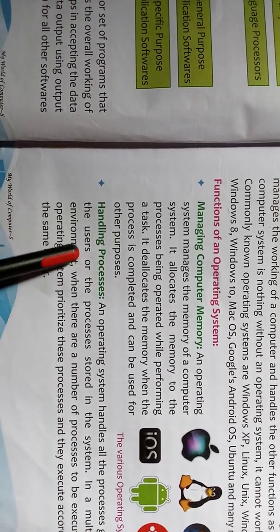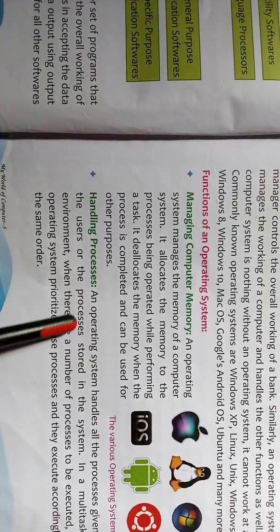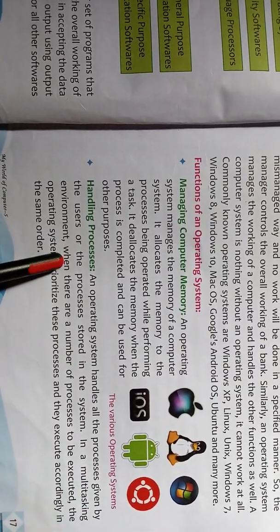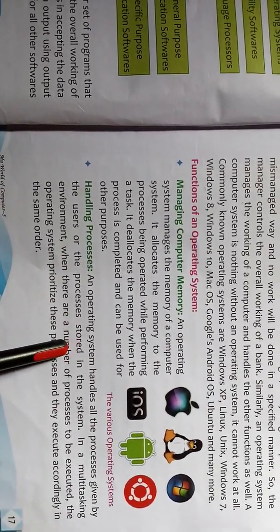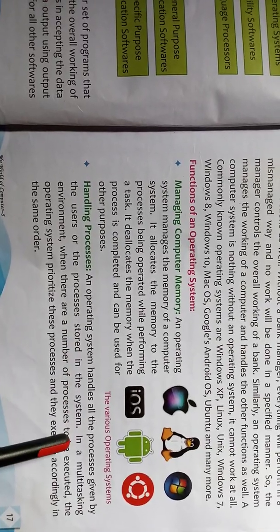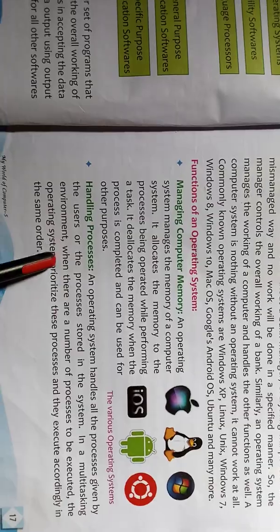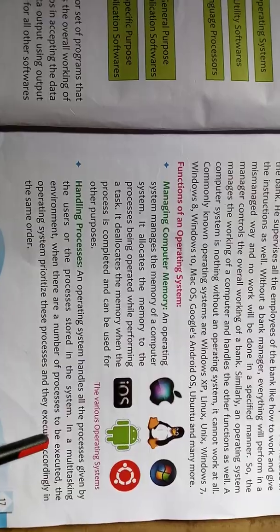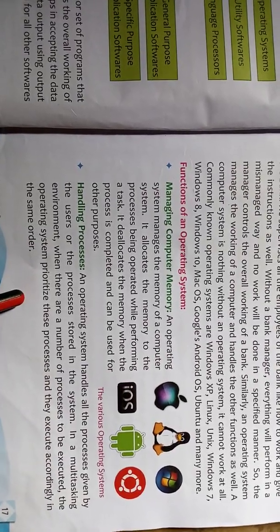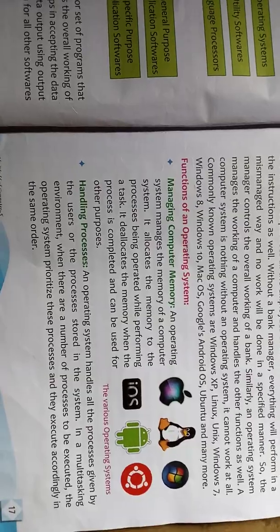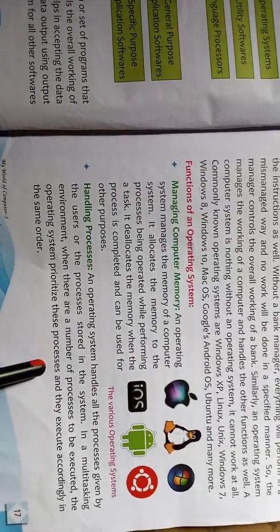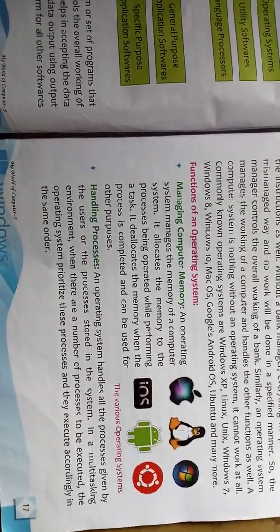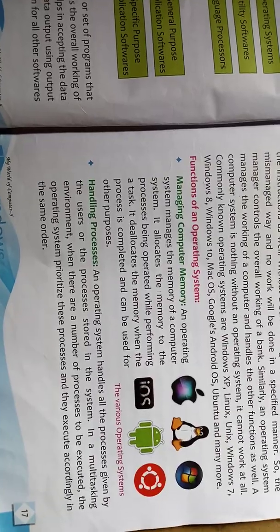And handling processes: an operating system handles all the processes given by the user or the processes stored in the system. In a multitasking environment, when there are a number of processes to be executed, the operating system prioritizes these processes and executes them accordingly in the same order.